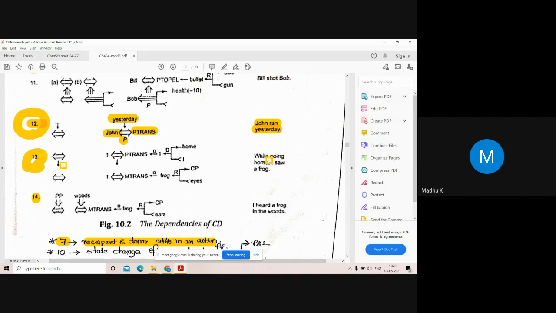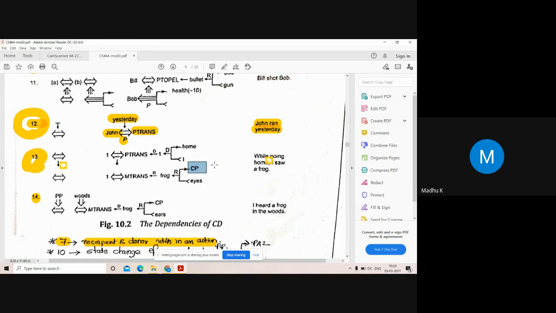I saw a frog. So eyes is the one object. Through eyes, I saw a frog, and I stored the image of the frog in my brain.